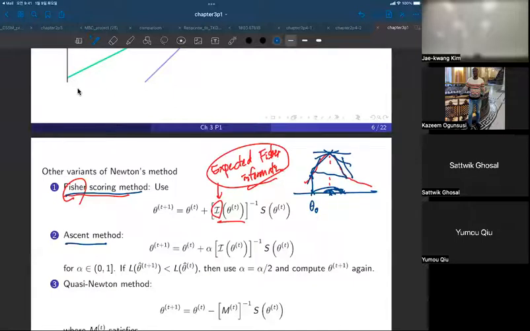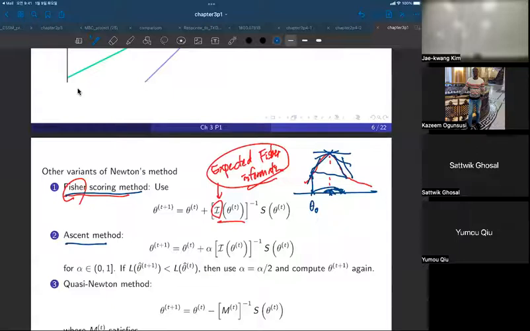Because you want to find the maximum, so you want to go up, you don't have to go down and go up, right? The point is that in the ascent method, we know the likelihood, so we can evaluate the value of the likelihood function for each iteration and make sure we climb, right? We're not going down.